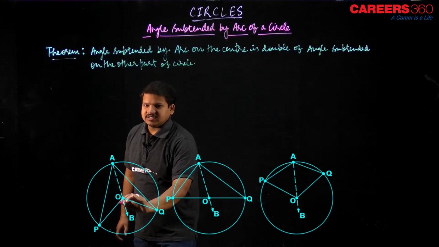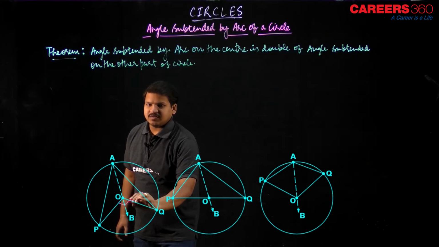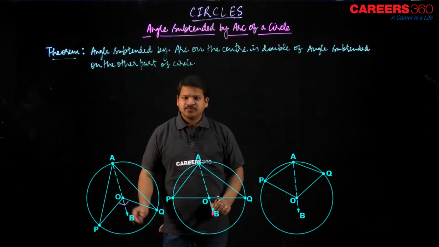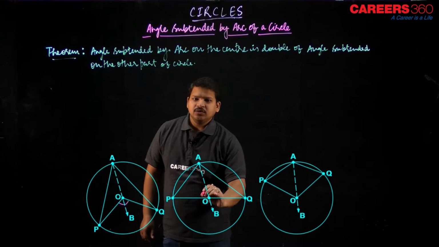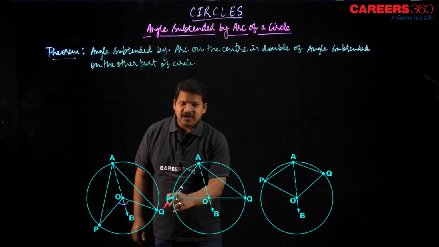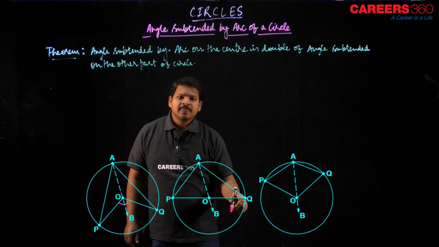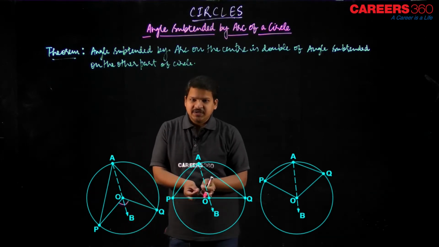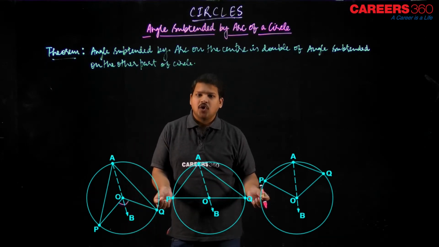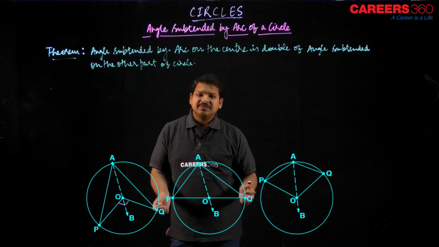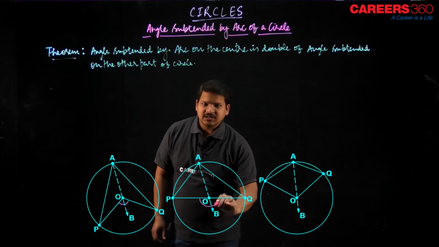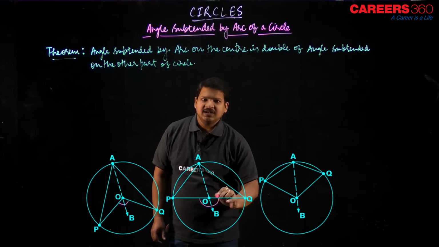This is the angle subtended on the center. Now in the second scenario we have the arc PQ, which is a semicircle, because PQ in this case is the largest chord, which is nothing but a diameter.